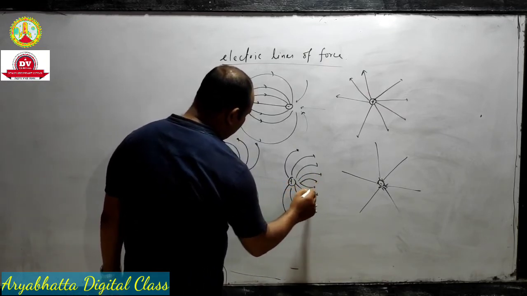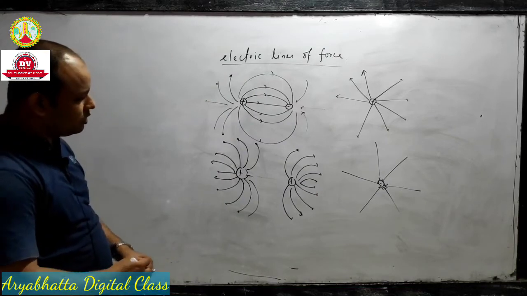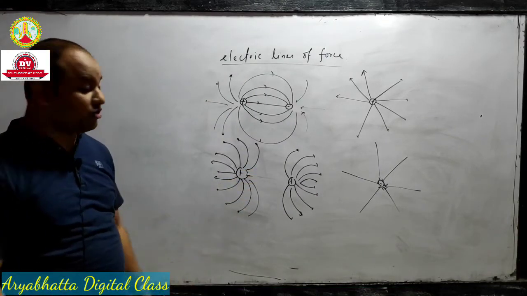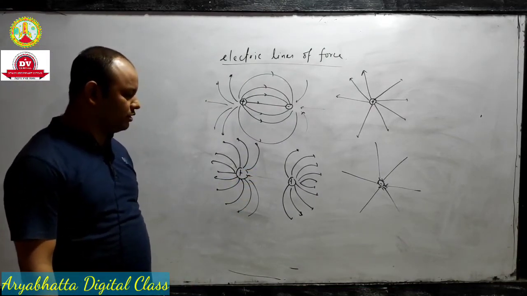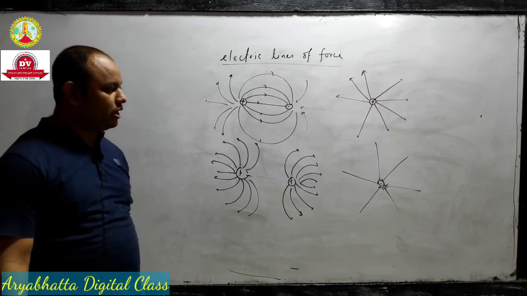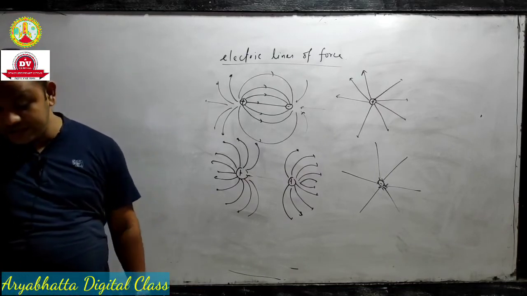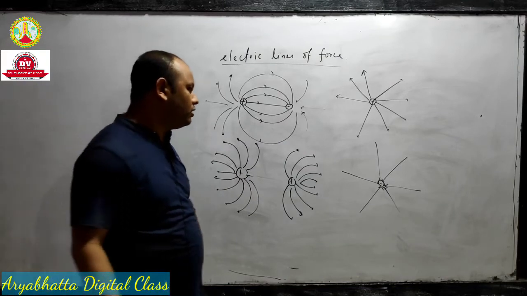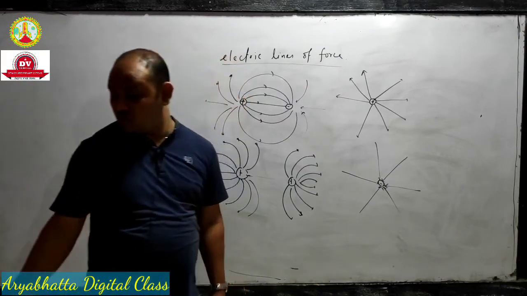Here both are positive charges, that is why the electric field lines will be repelled to each other. Okay, and you remember electric field lines do not intersect each other.